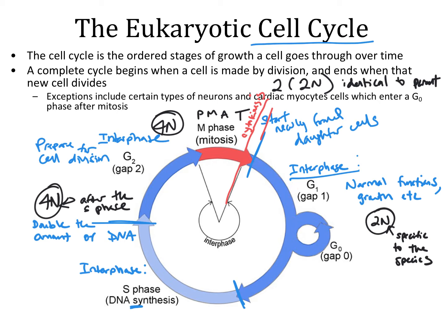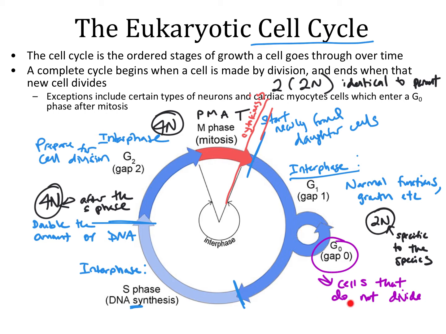There is one exception, the little exception that you see off to the side there. This is called gap 0. This is for cells that do not divide. So you'll notice G0 just stays inside as part of G1, and we never get to the S phase, which means we never replicate our DNA, which means we don't undergo mitosis, okay?